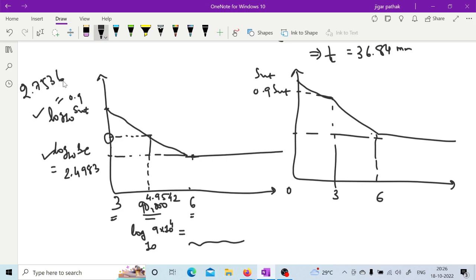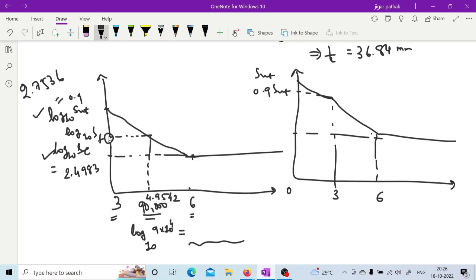Okay. So now once you have this data, you can calculate it, I guess. What you have to calculate is log 10 SF, the fatigue strength for 90,000 cycles. Can you calculate this with simple interpolation?